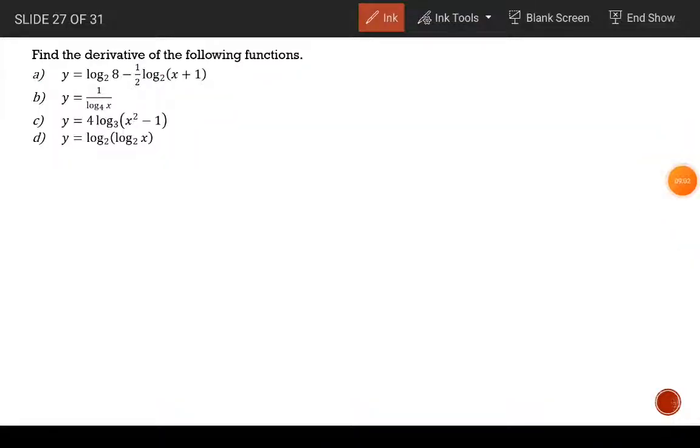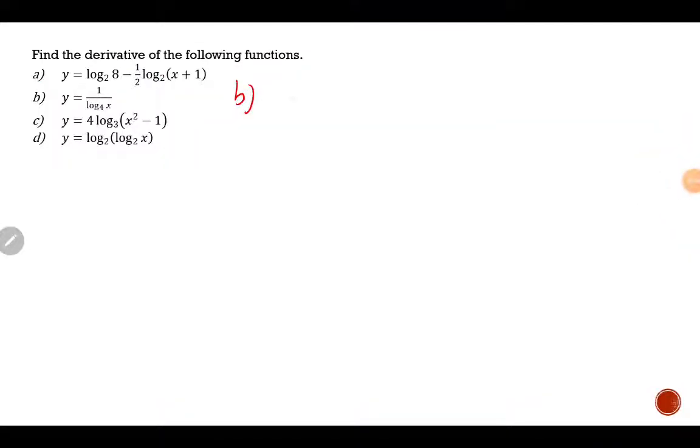Okay, untuk B, soalan dia adalah B is equals to 1 over log x base 4. Kita nak cari the derivative. Again, maknanya yang ni, to find the derivative, sebelum kita cari derivative dia, kita tukar dulu dia kepada ln.